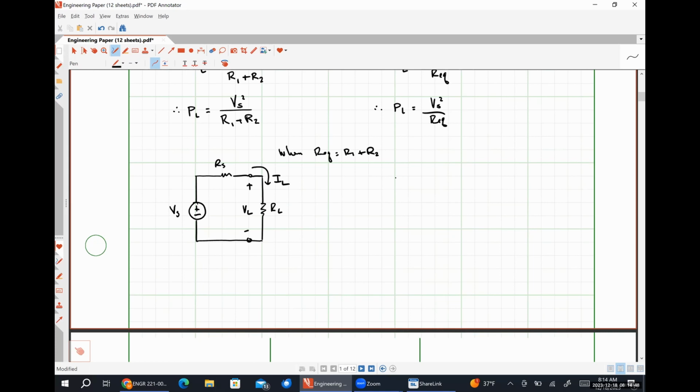And over here on the right, I'm going to have a practical current source connected to that same arbitrary load resistance. Here's VL, here's IL.